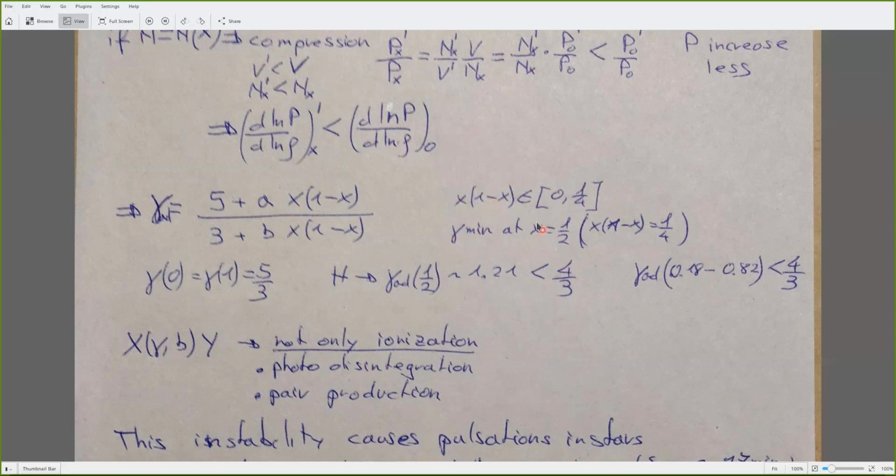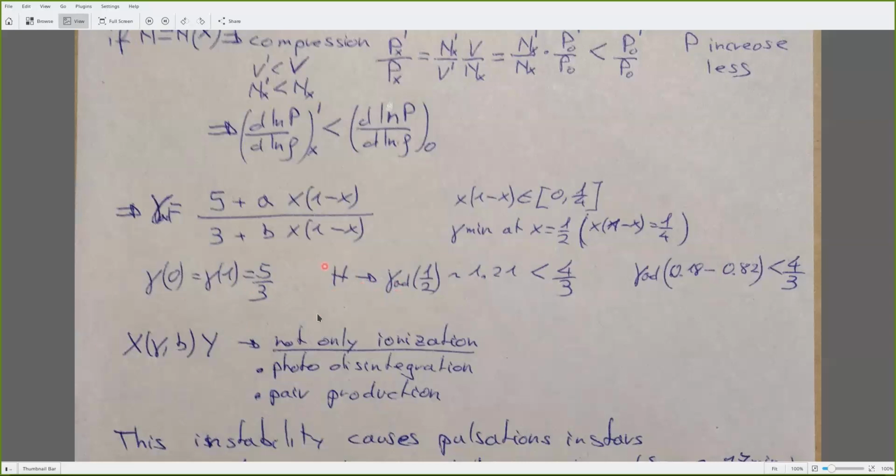The maximum is for this value, when this thing is 1/4, and at the same value 0, this goes away: 5/3. It makes sense. If you have complete ionization, we cannot have a lot of variation. So the adiabatic coefficient is 5/3 as usual, or we have no ionization. Also in this case, the variations are quite small.